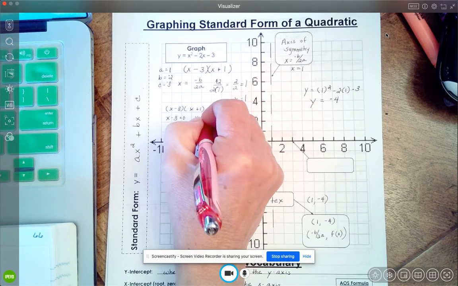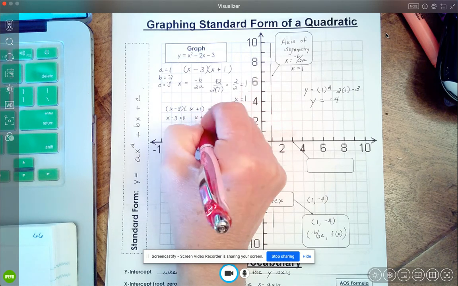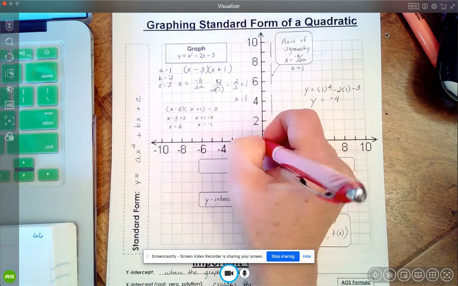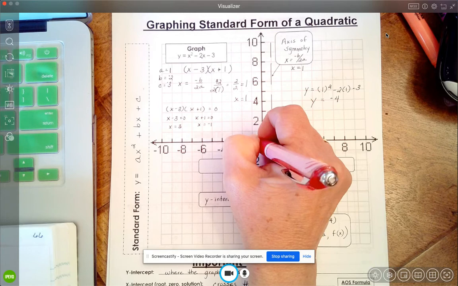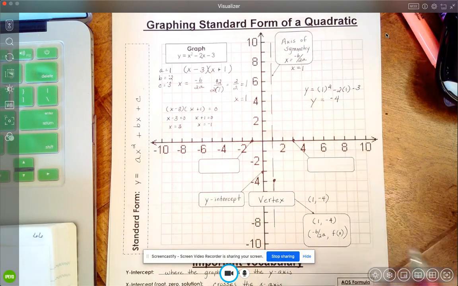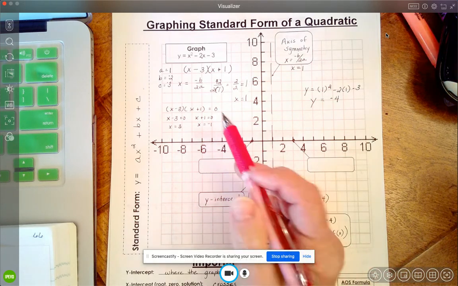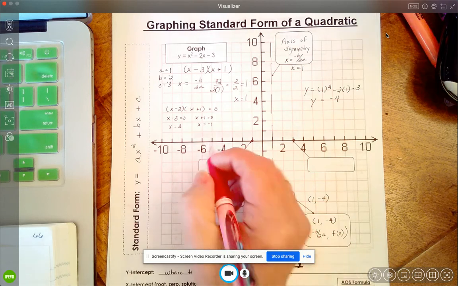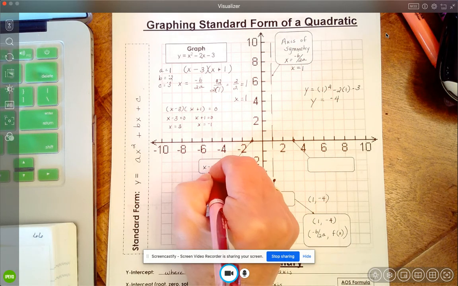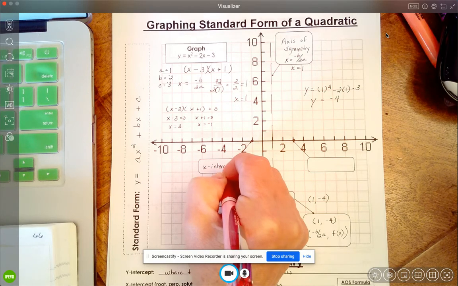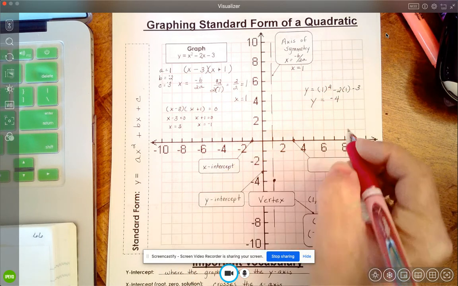And at negative 1, that would make it 0. So those are where it is going to cross the x-axis. When I factor it and find out the places where those will be 0, those are going to be my x-intercepts, my roots, my solutions. I have an x-intercept.